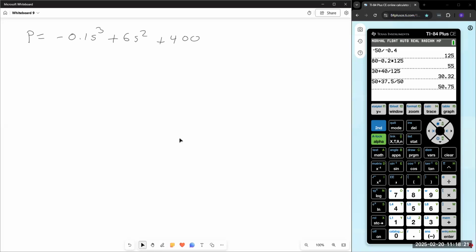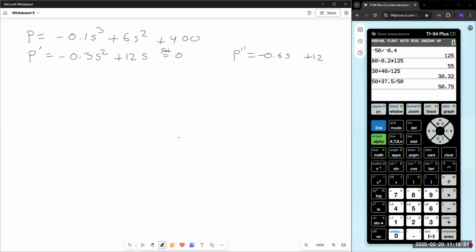And so P prime is negative 0.3s squared plus 12s, and we're going to set that equal to 0. P double prime is equal to negative 0.6s plus 12.